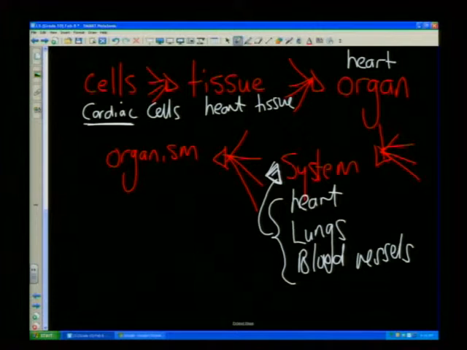That supplies and pumps oxygenated blood to the heart and to the rest of the body, and carries carbon dioxide away from all the organs, and it makes sure that our organism is fine. So we may have the circulatory system.